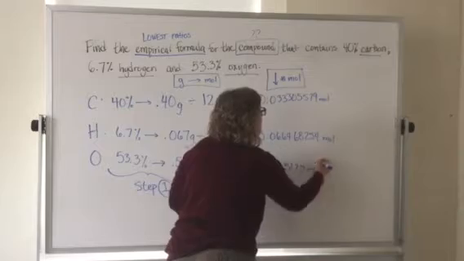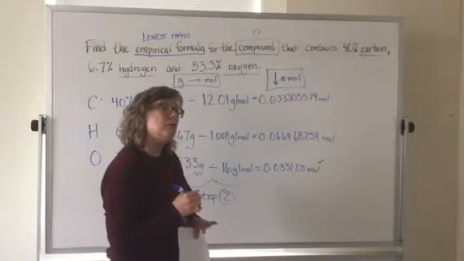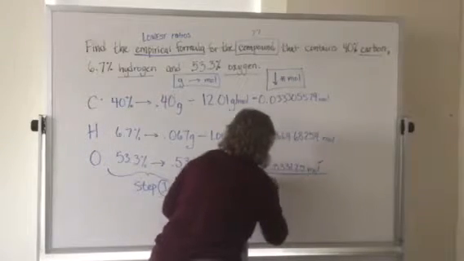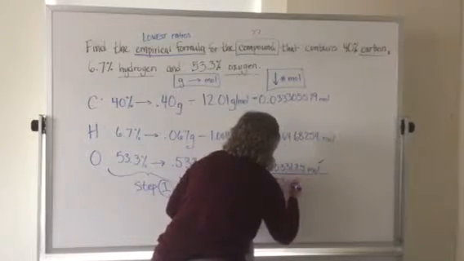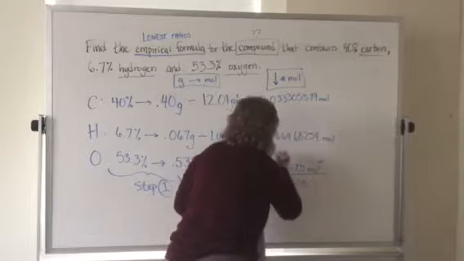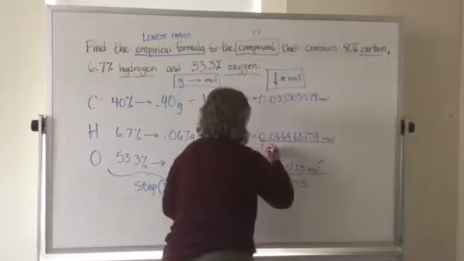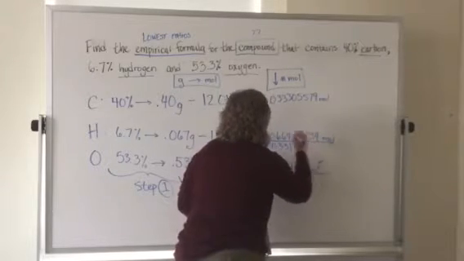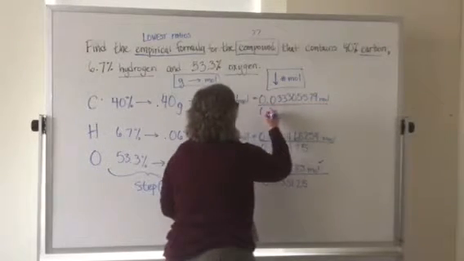That one's our winner. So he's the one we're going to pick and use to divide all of them by. We're going to divide everybody by the lowest number of moles.